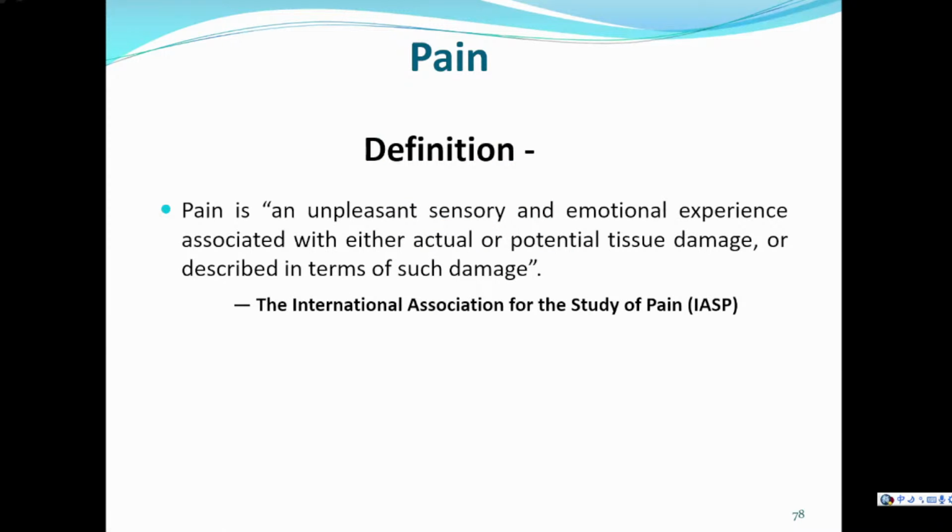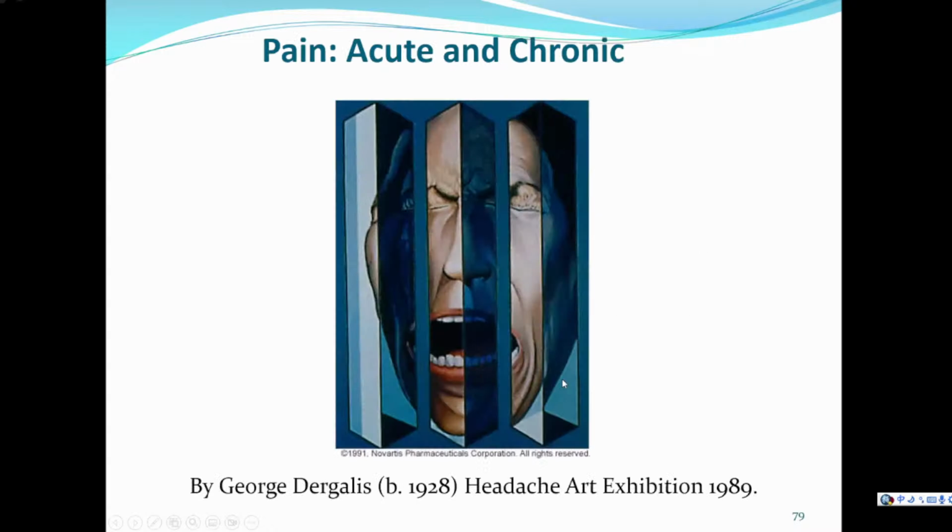The definition by the International Association for the Study of Pain says pain is an unpleasant sensory and emotional experience associated with either actual or potential tissue damage, or described in terms of such damage. So understand it's not only actual tissue damage, but it could be potential damage, or an emotional experience, not necessarily actual tissue damage. So this is the definition.